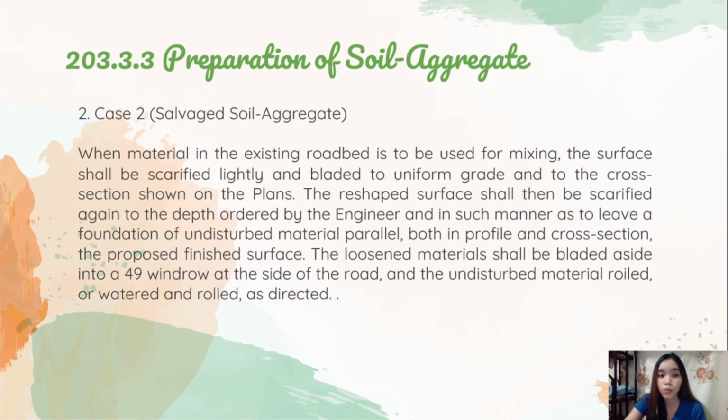Then case 2 is salvage soil aggregate. So when material in the existing roadbed is to be used for mixing, then the surface shall be scarified lightly and bladed to uniform grade and to the cross-section shown on the plans. Then the reshaped surface shall be scarified again to the depth ordered by the engineer and in such manner as to leave a foundation of undisturbed material parallel both in profile and cross-section to the proposed finished surface.